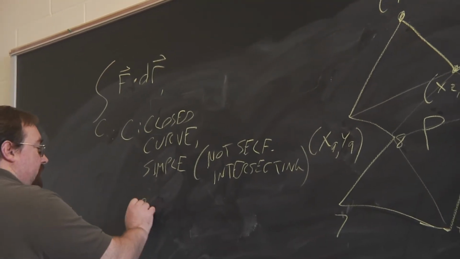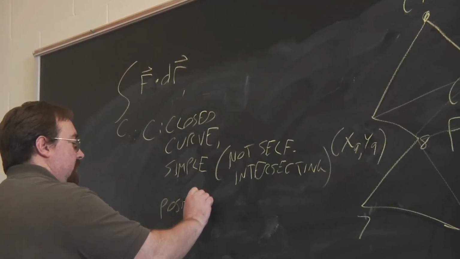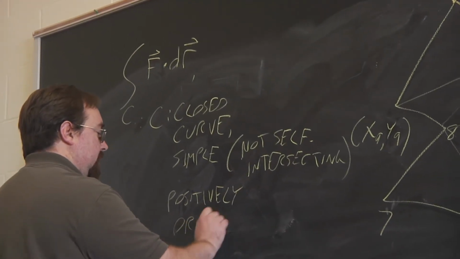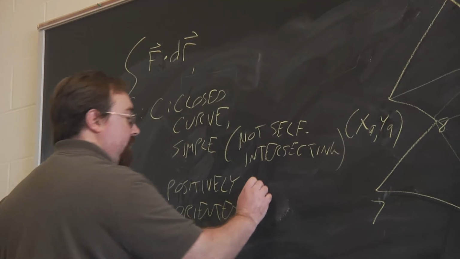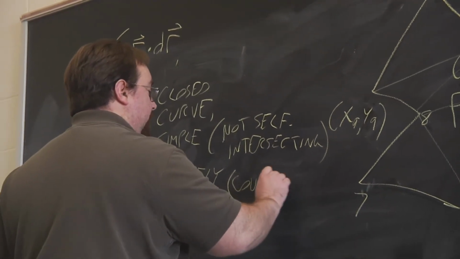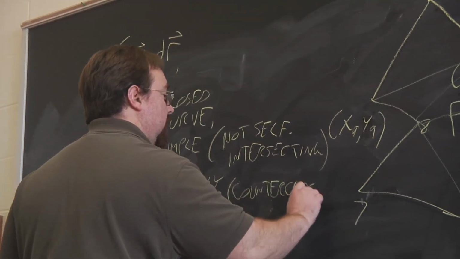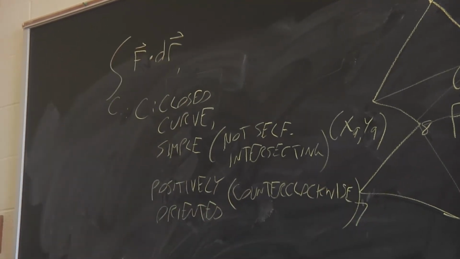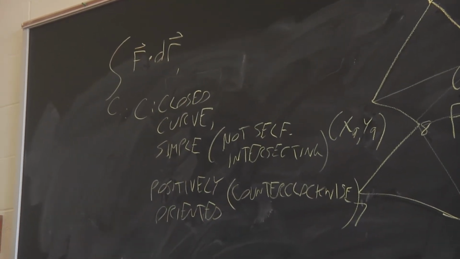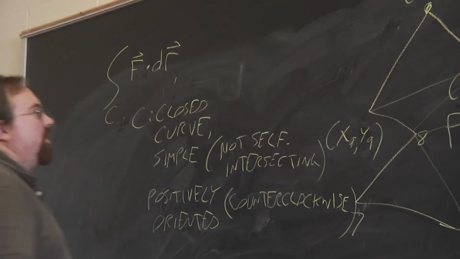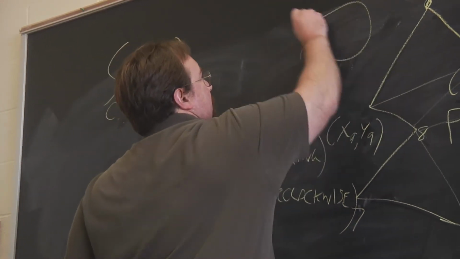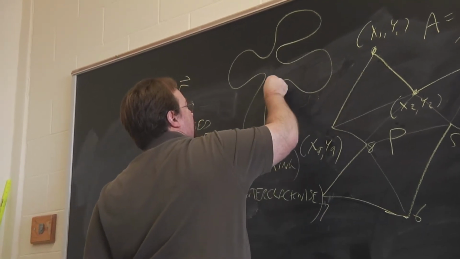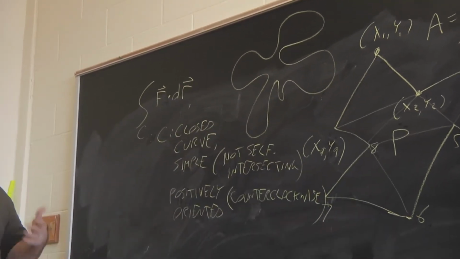And we're also going to say that it has positive orientation, which means you traverse it counterclockwise. Of course, counterclockwise can be a little difficult to figure out if your curve is going like this, depending on where you are on the curve.